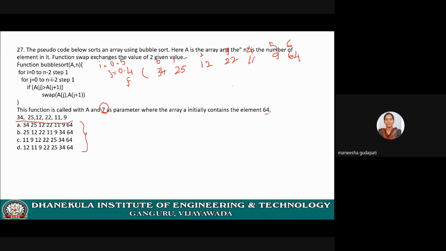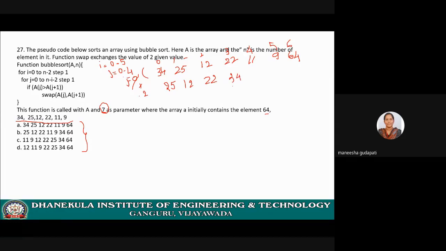Again the j value starts from 0. A of j, 34, is greater than 25, so again swapping: 25, 34. Then 34 is compared with 12, so here 12, here comes 34. In the next iteration, j becomes 2. 34 is greater than 22, so swapping 22, 34.